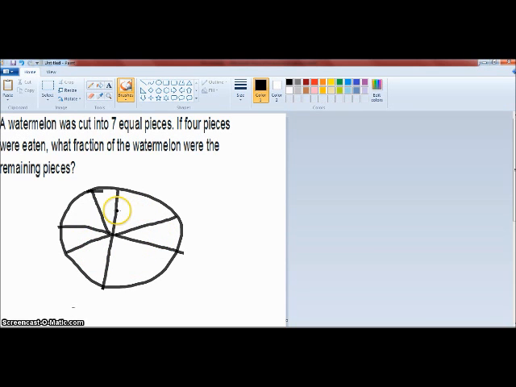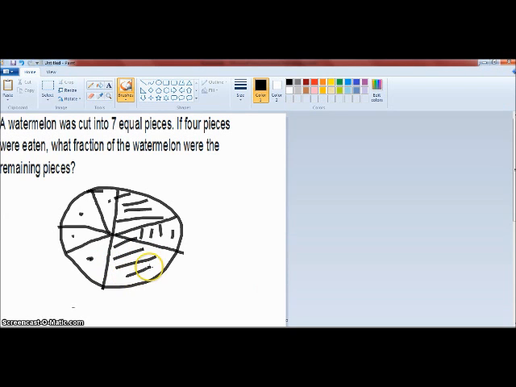So how many pieces were eaten? 1. This piece was eaten. This piece was eaten. This one and that one. How many in total? 1, 2, 3, 4. So which ones have remained? Let me shade the ones which have remained. This one remained. This one remained, and that one remained.